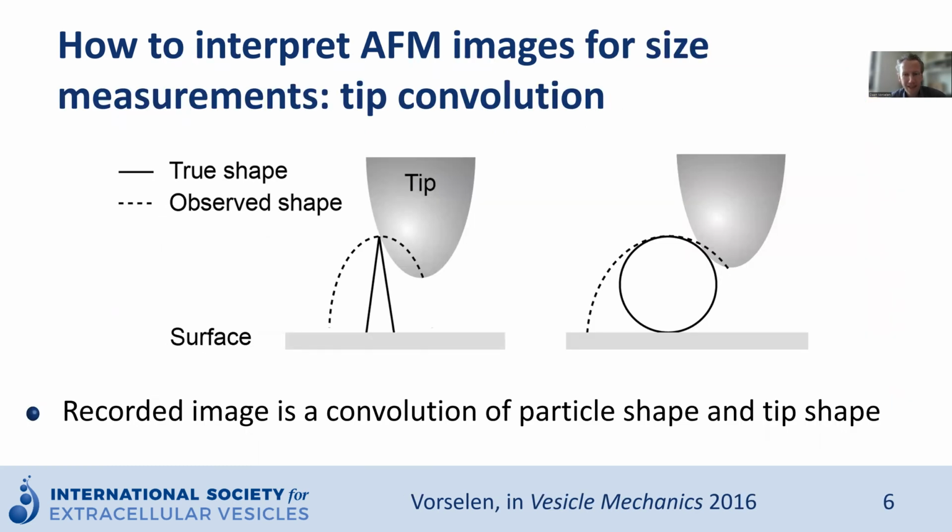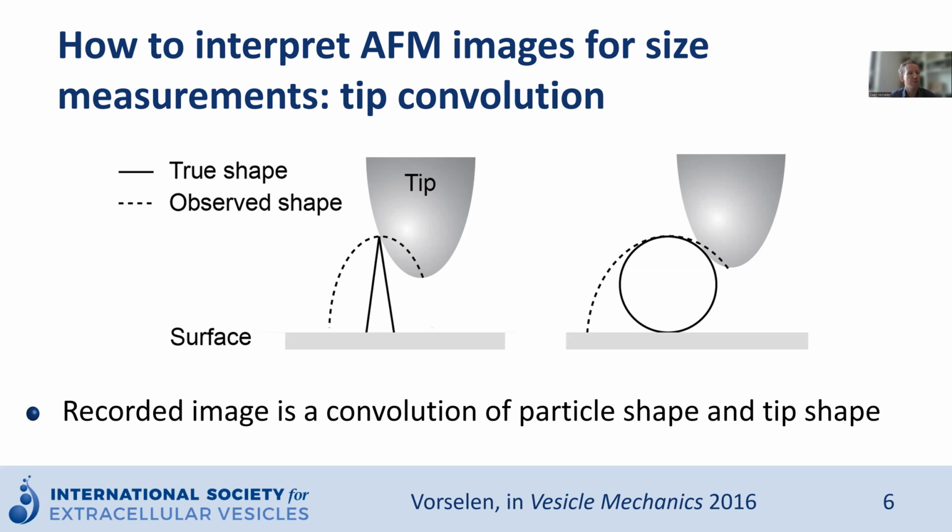To obtain good estimates of vesicle size, there are a couple things we need to take into account. Firstly, AFM tips have a finite tip size themselves. And everything you image is not only the sample, but is a convolution of the sample and the tip size. So if you have a very small sample, as shown here on the left, you actually mostly image your AFM tip size.